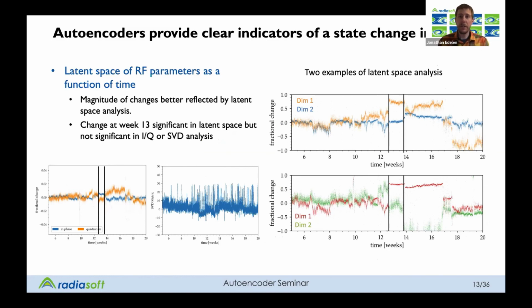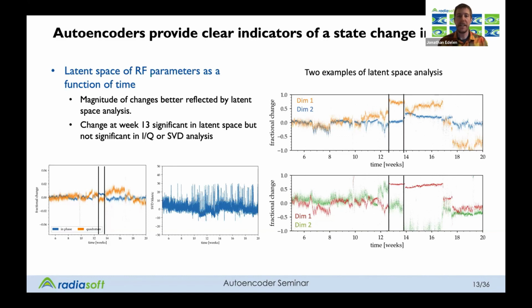What's of particular interest, I think, is that if you look at just the IQ metric, you do see a change in the IQ components right around between weeks 12 and 14, and in the latent space analysis, we see the same change, but it's magnified. It's much larger.